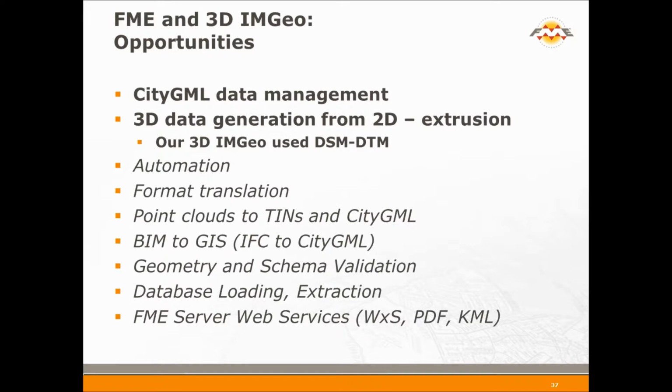And of course, our format translation for things like point clouds, raster, BIM databases definitely helps with making the ability to build 3D data sets from 2D. And FME Server, of course, is a way of scaling that capability and also producing outputs from your CityGML that the wider world can easily consume.